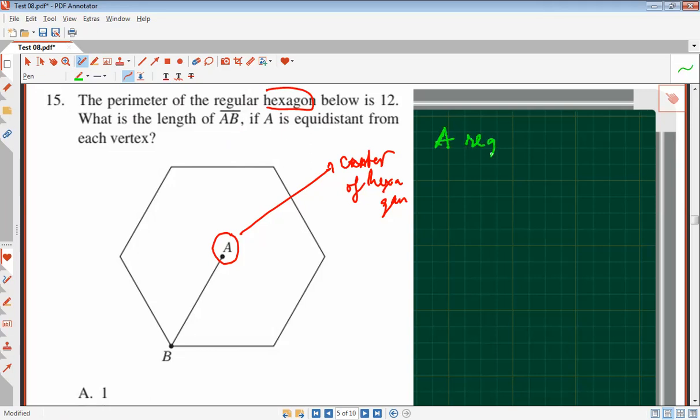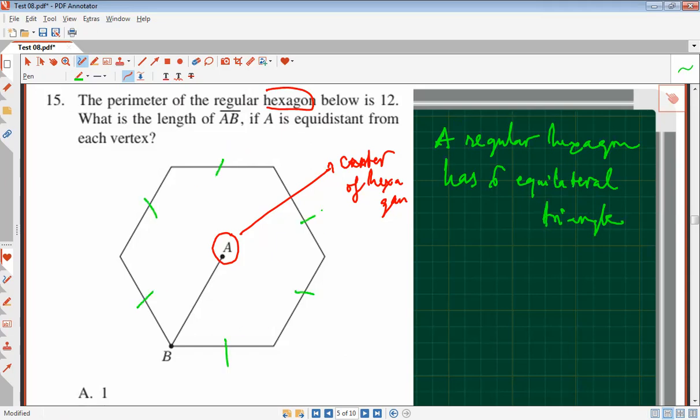A regular hexagon has 6 equilateral triangles. And that means the 6 segments are equal, and the sum of them is 12.